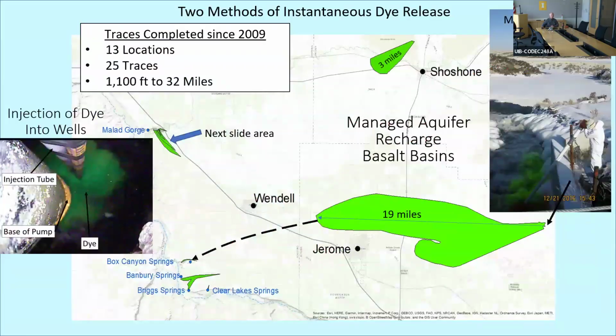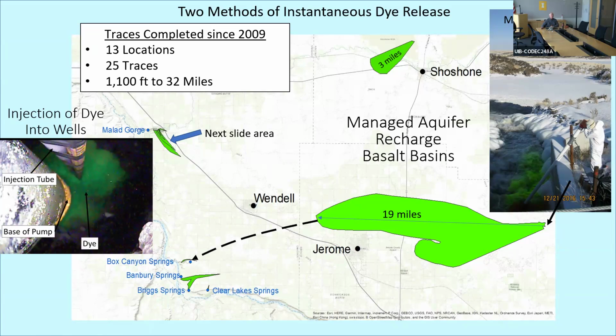Zooming in a little closer, if you're familiar with the towns of Jerome, Wendell, and Shoshone, they are located up in here. Malad Gorge is located here. I assume you can see the cursor from the mouse.